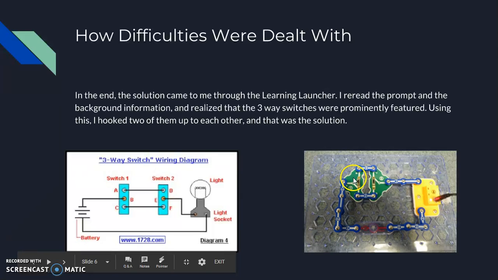Depending on which state this switch is in, let's say it's down, it'll go through here. And if this switch is up, it won't work. The light will be off. But if you switch either one of them, they'll be either both up or both down. You only have to switch one of them, and that'll complete the circuit, and the light bulb will go on. This is just a technical version of that, which I found after I finished the project.